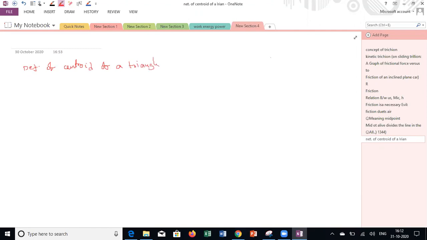How can we say midpoint of a triangle? It's a plane. What is the definition of the centroid of a triangle according to plane geometry? Any triangle, irrespective of something.